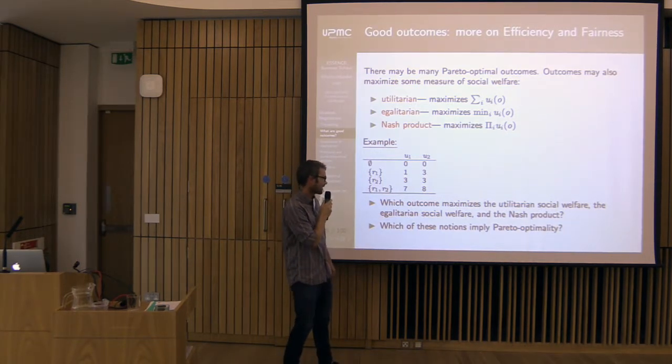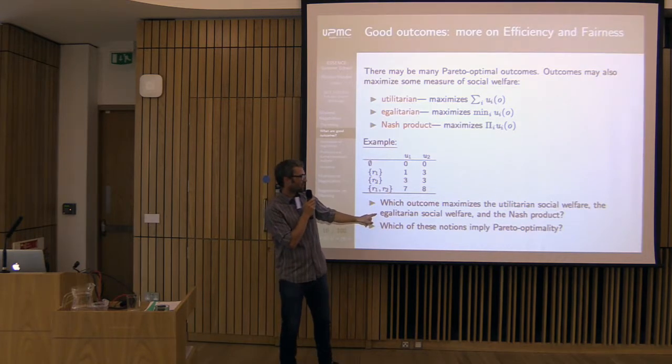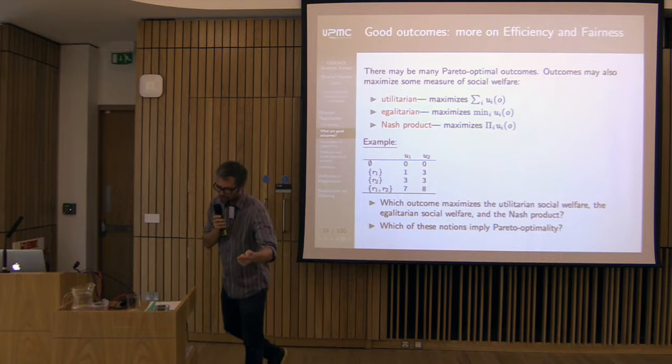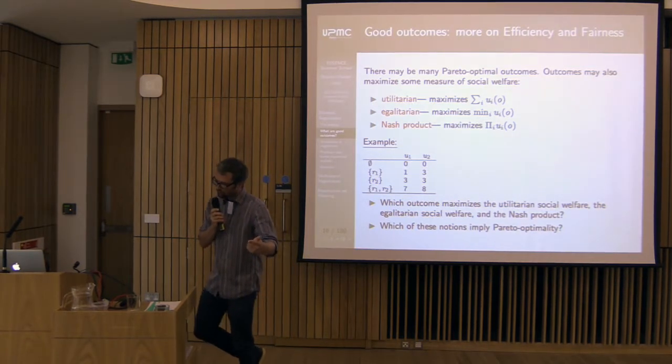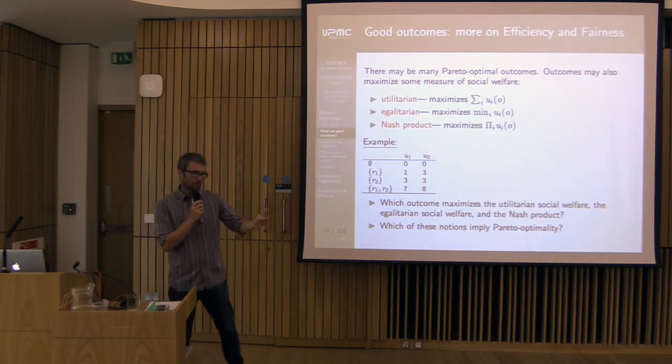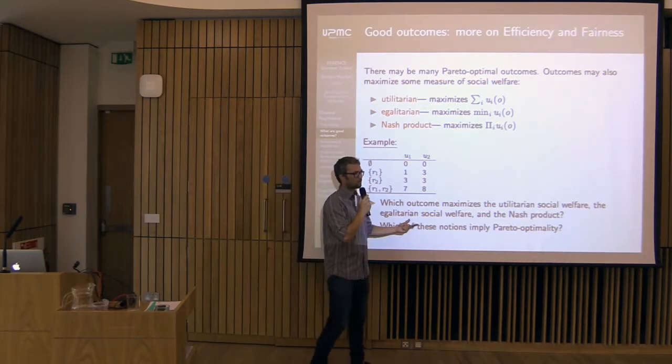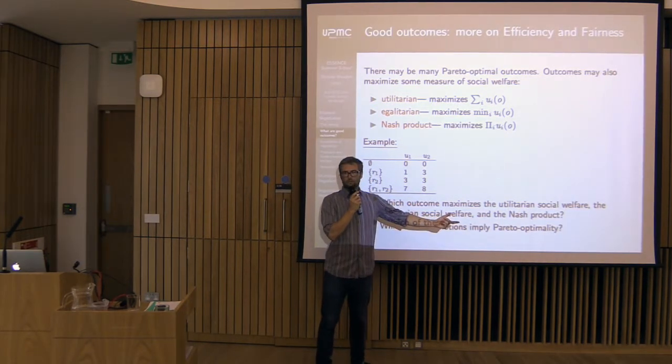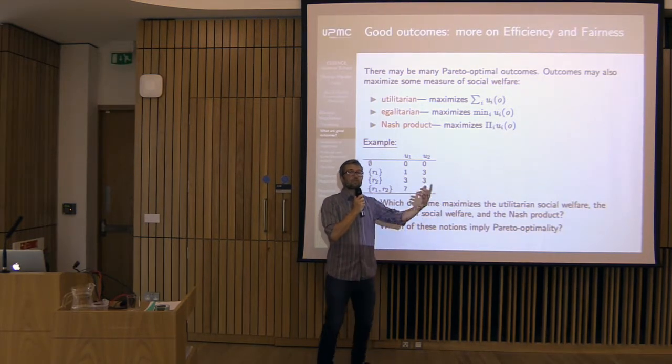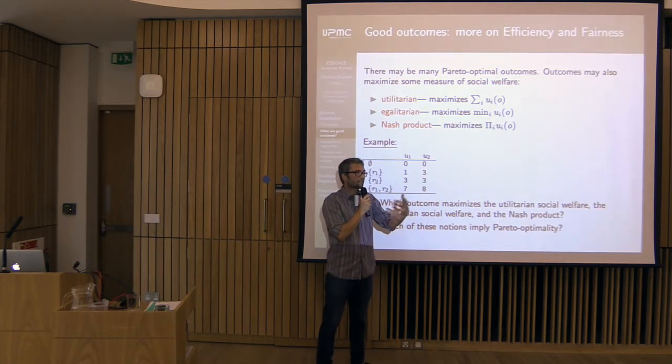So utilitarian and Nash product do. Why? Because if it was not the case, if you had an outcome which dominates, then it would obviously give a better sum or product, because it's at least as good for everyone and better for some of the agents.